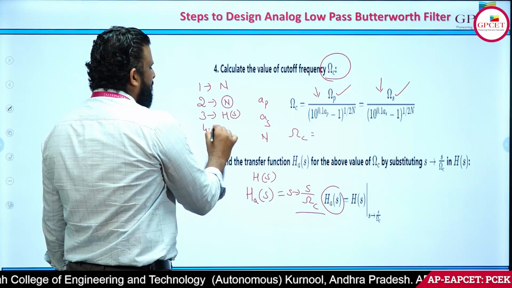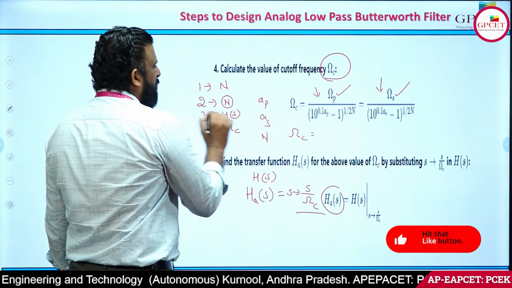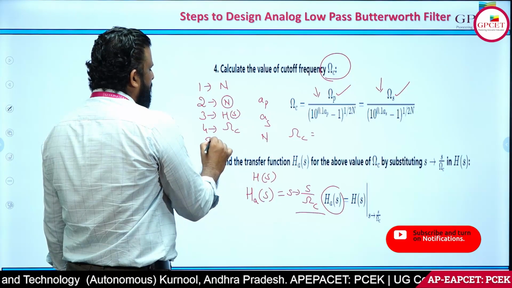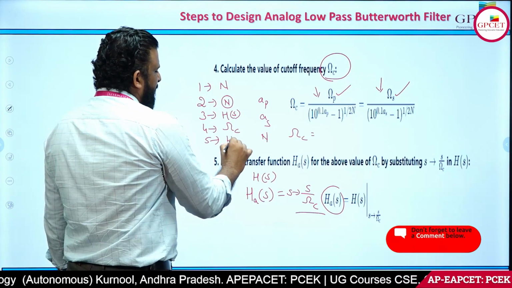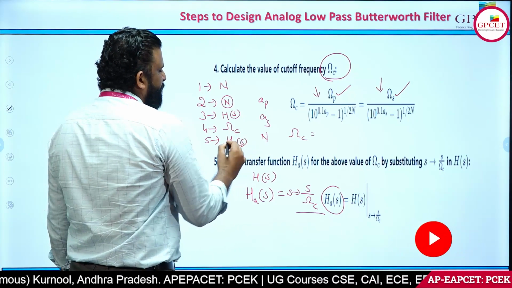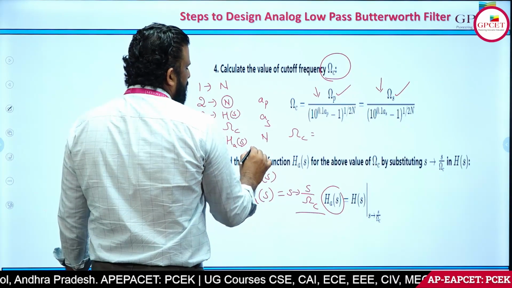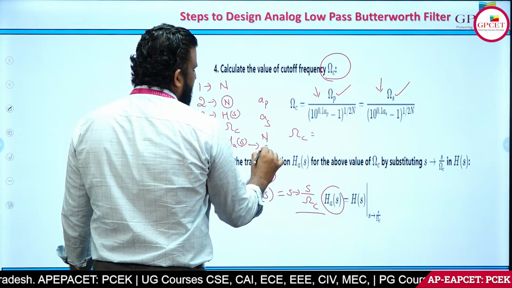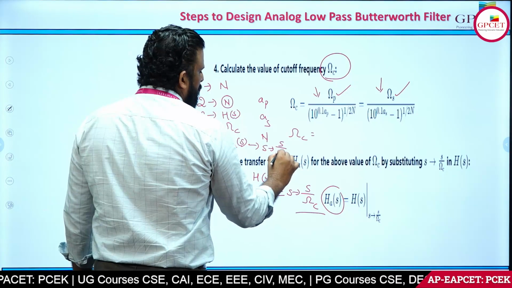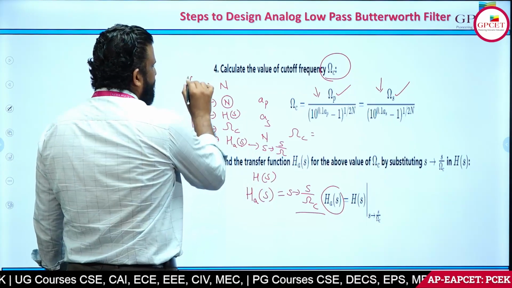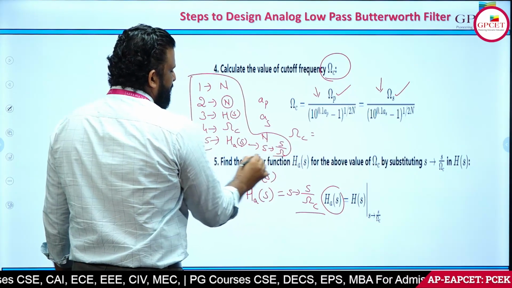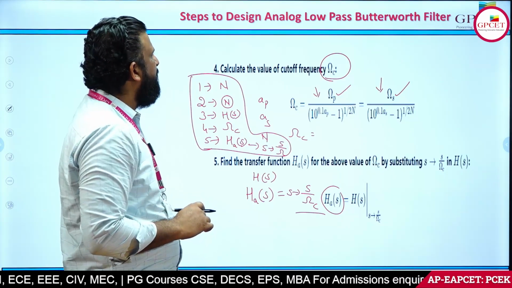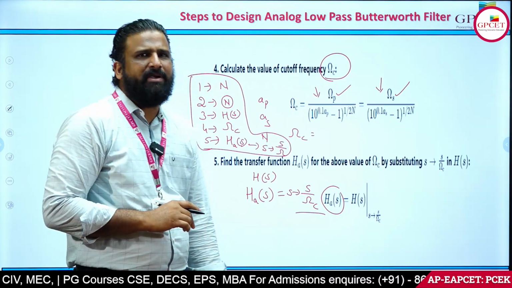In the fourth step, we are going to find the value of omega c, and finally, in the fifth step, Ha of s is the new transfer function of the analog low pass Butterworth filter by substituting s with s divided by omega c. So these are the 5 steps which we use to design the analog low pass Butterworth filter.